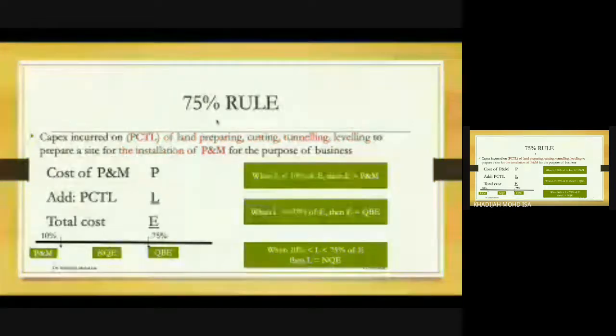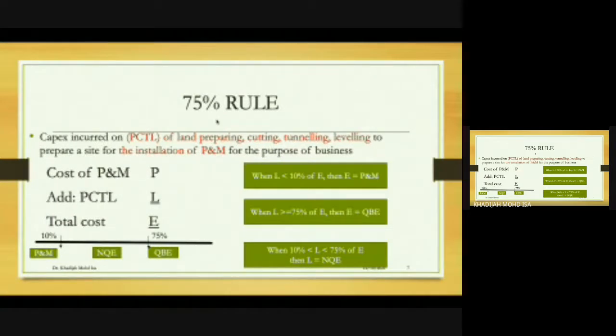So it has to be 10%. But when it comes to industrial building, for it to be a qualifying expenditure, it must meet the 75% rule. So it says that the cost of preparing, cutting, tunneling, leveling to prepare a site for the installation of plant and machinery for the purpose of business.